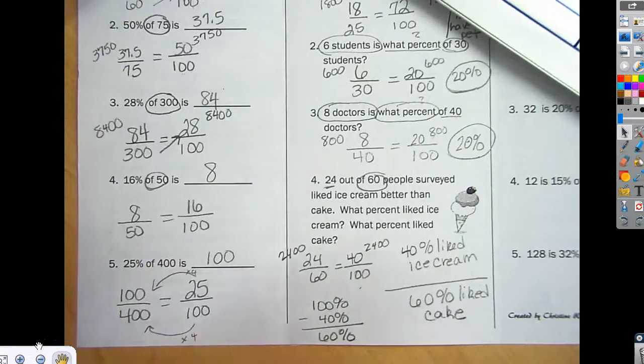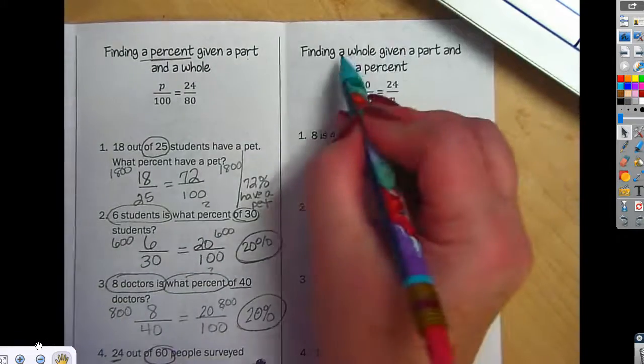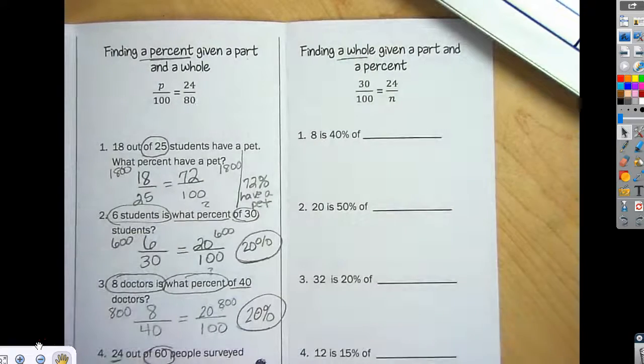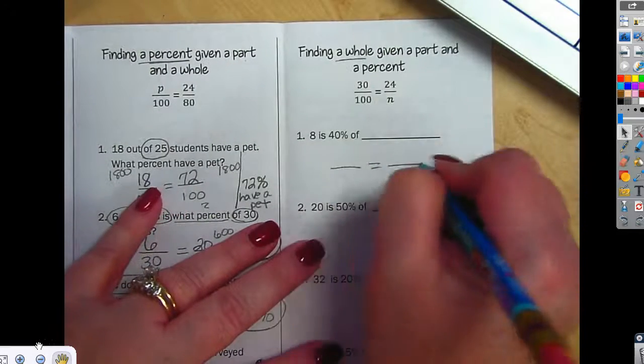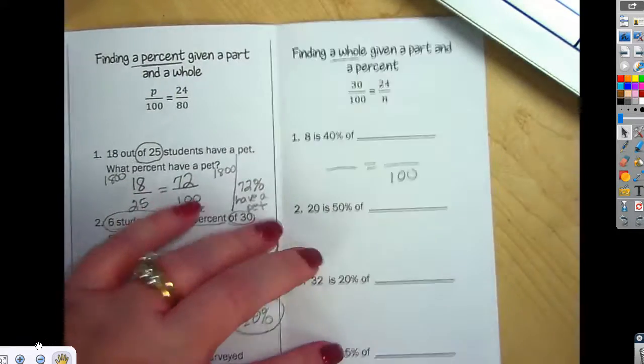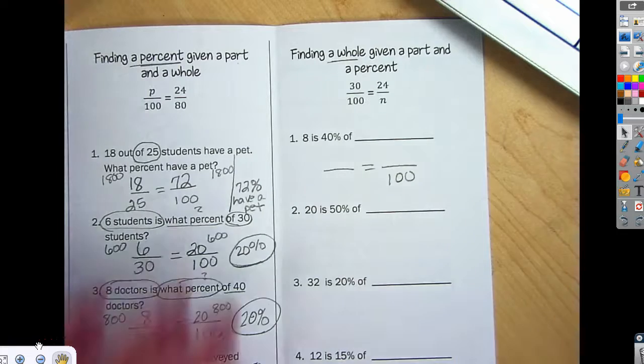Now we're going to try the percent proportion, but the whole is missing. So we're going to find the whole when we're given the part and the percent. So now it's a different part of the proportion that's missing. Out of 100, do we know what goes above the 100? Yes, what is it? 40.